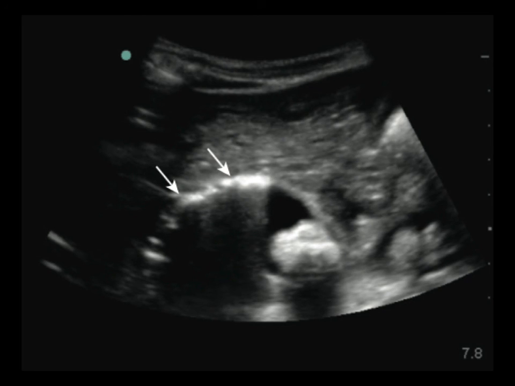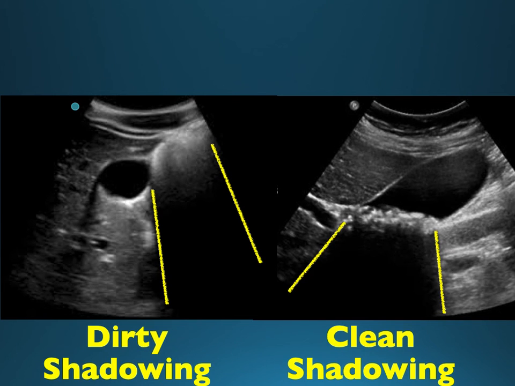Here we are actually seeing the dirty shadowing caused by gas over the left aspect of the gallbladder, while we can see clean shadowing posterior to the stone. Recall the distinction we made earlier during our physics talk. A dirty shadow is a type of shadowing associated with gas. For example, on the left here, a loop of bowel is coming close to the gallbladder and causing some dirty shadowing.